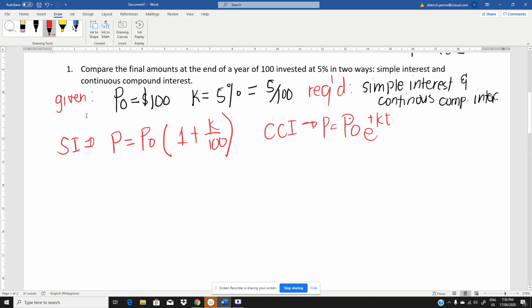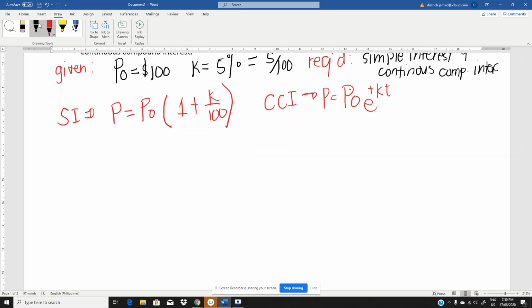So now let's try to solve this one. For the solution, for simple interest, we will have P is equal to P0 multiplied by 1 plus k over 100.